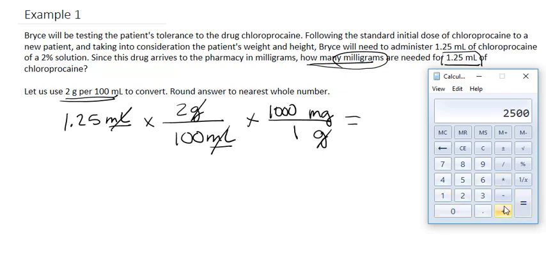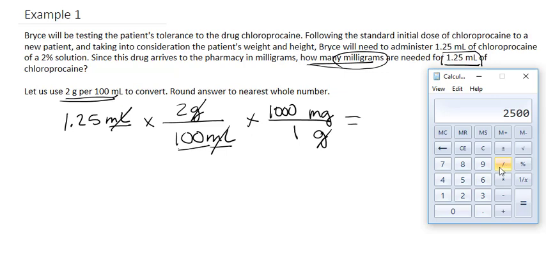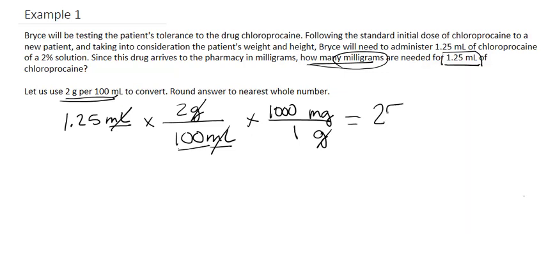This is equal to 2,500, but we need to divide by 100. So we will then divide by 100, and this will equal 25. And because we know our units, it's milligrams. So it will take 25 milligrams in order to get 1.25 milliliters of chloroprocaine.